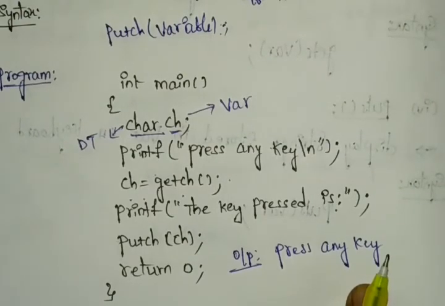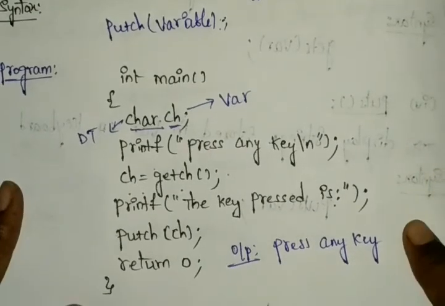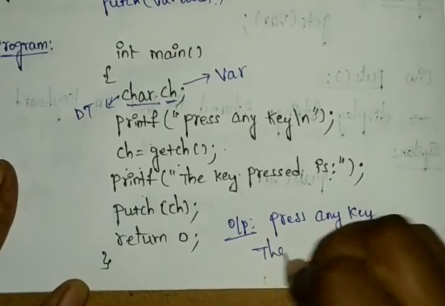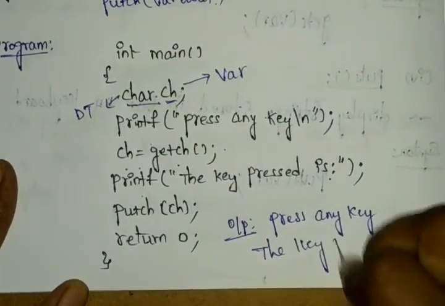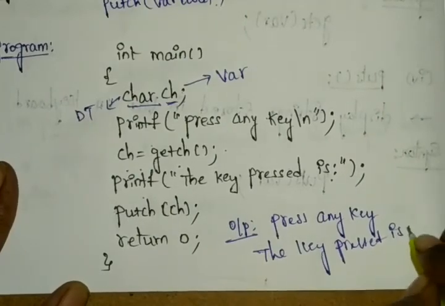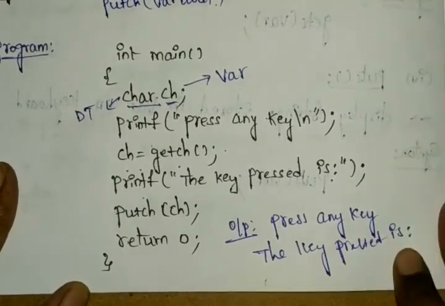Suppose I press 1 here; that will not be displayed in the output section. Next it displays "the key pressed is", and whatever the user pressed is displayed here.